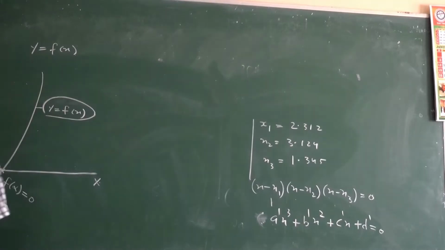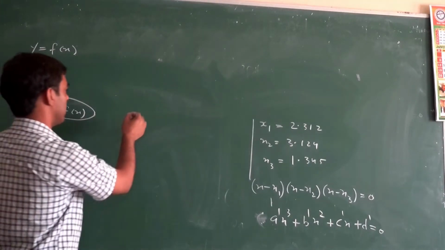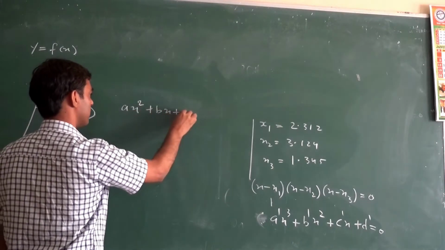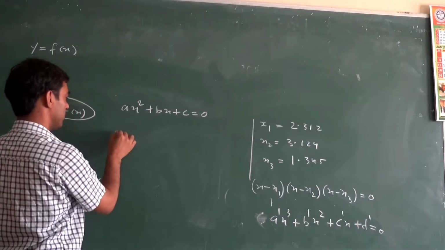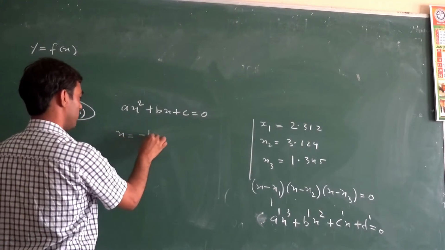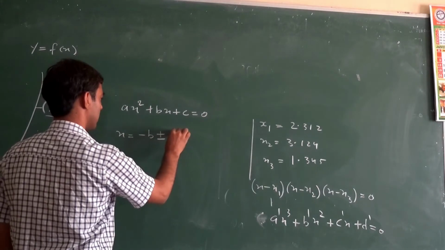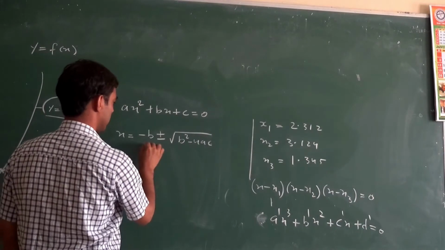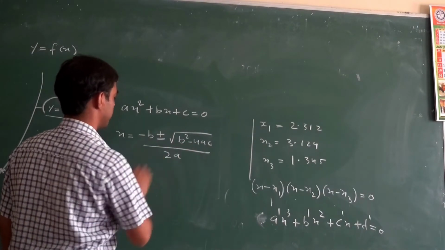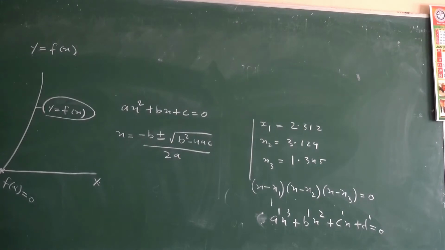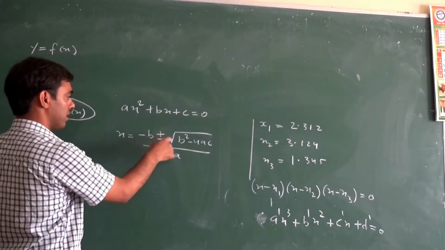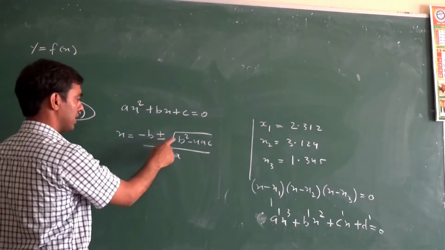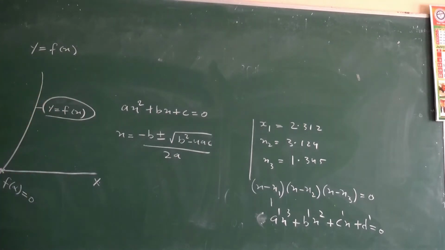Suppose there is a quadratic equation ax square plus bx plus c equal to 0, then obviously we know that x equal to minus b plus or minus under root b square minus 4ac, divided by 2a. So there are 2 roots: minus b plus under root b square minus 4ac upon 2a, and the second root is minus b minus under root b square minus 4ac upon 2a.